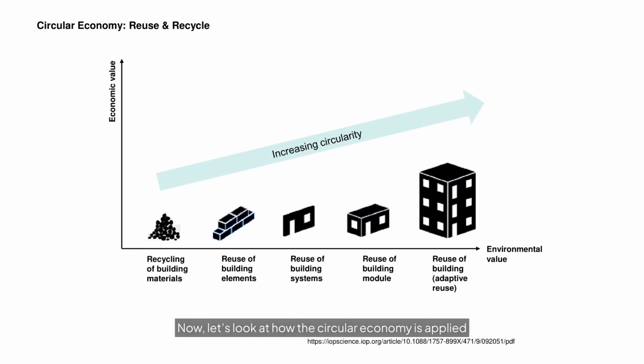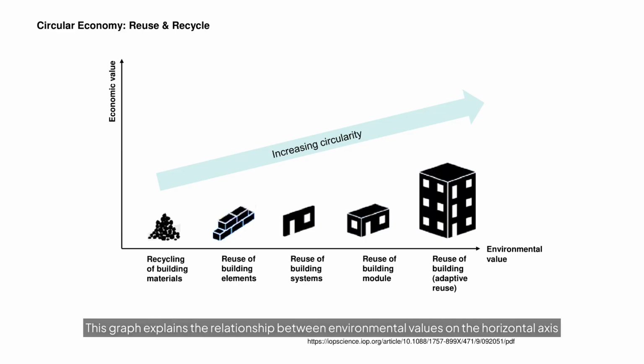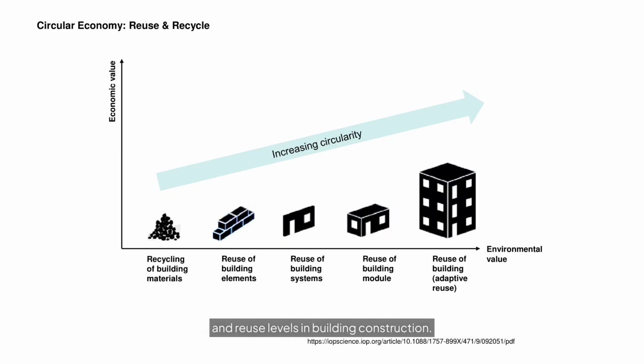Now let's look at how the circular economy is applied in building construction across different scales. This graph explains the relationship between environmental values on the horizontal axis and economic values on the vertical axis for different recycling and reuse levels in building construction. Reuse of building elements such as bricks has relatively lower financial and environmental value. Reuse of building systems like structures, mechanical systems, or facade systems provides better value.